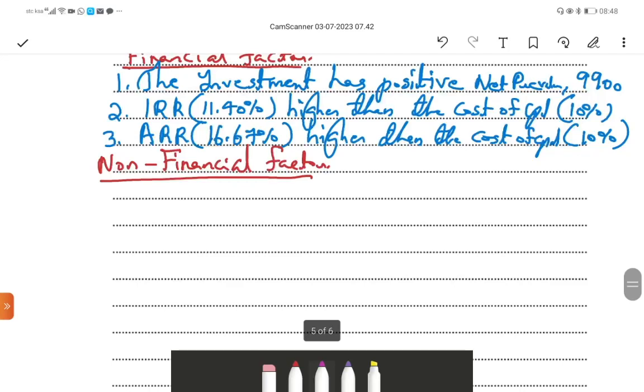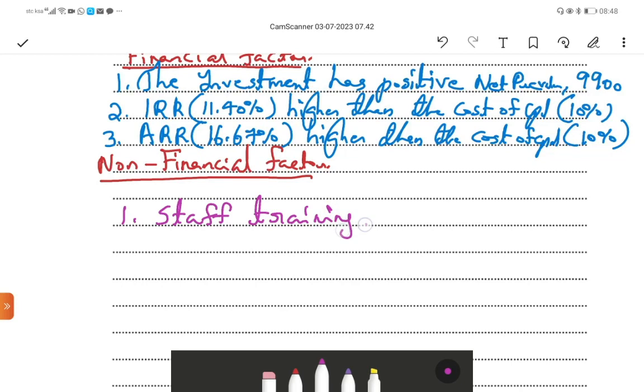What are the non-financial factors? The first one, staff training required. Because they are buying the new machinery, staff need the training.